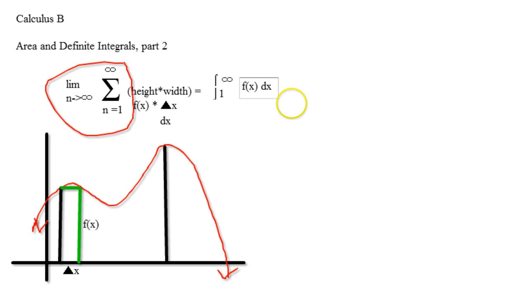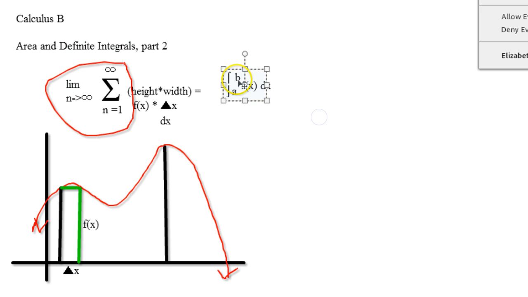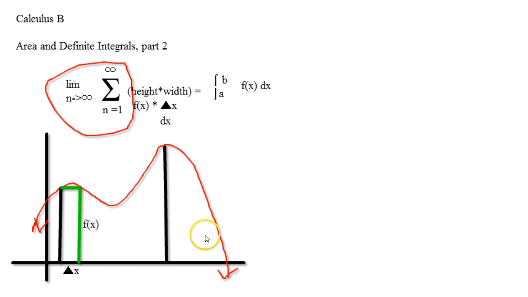But then the dx, which would be approaching infinitesimal, would look like this. Now what we want is for it to go between certain numbers. So we would call this the upper bound, and this one the lower bound. This is how we set it up, and that's where we get that notation from. There are complicated proofs to show why delta x turns into dx, but I'm going to leave that to you to figure out.